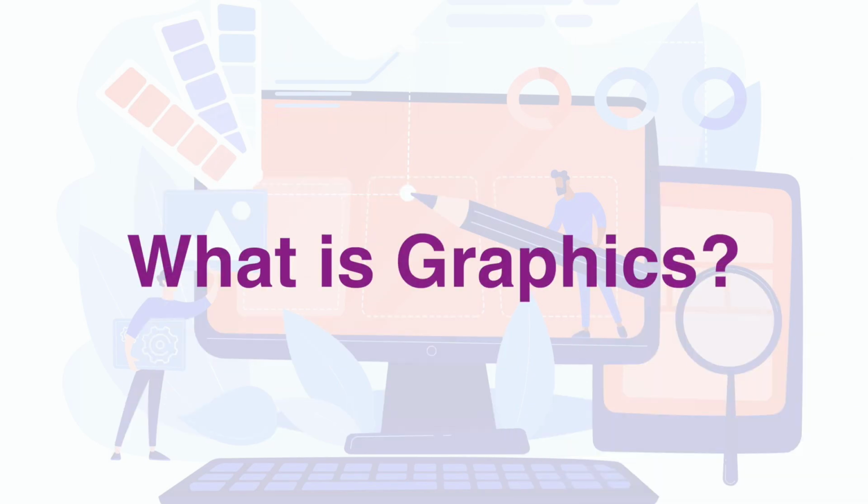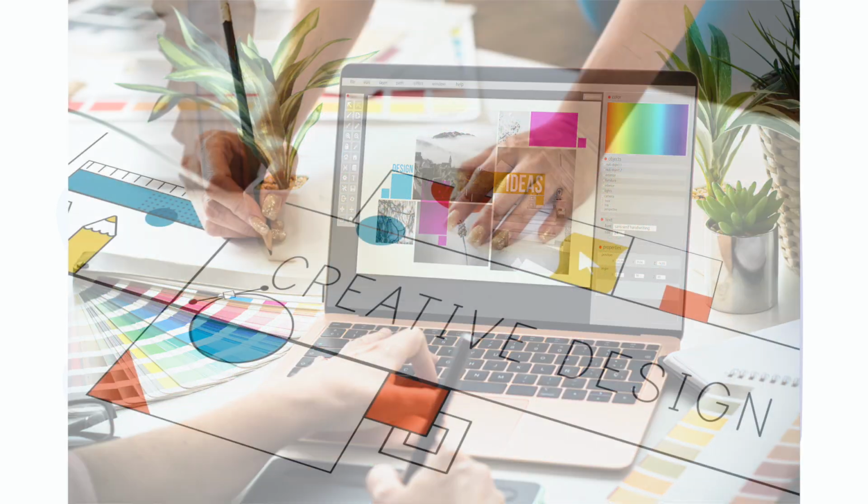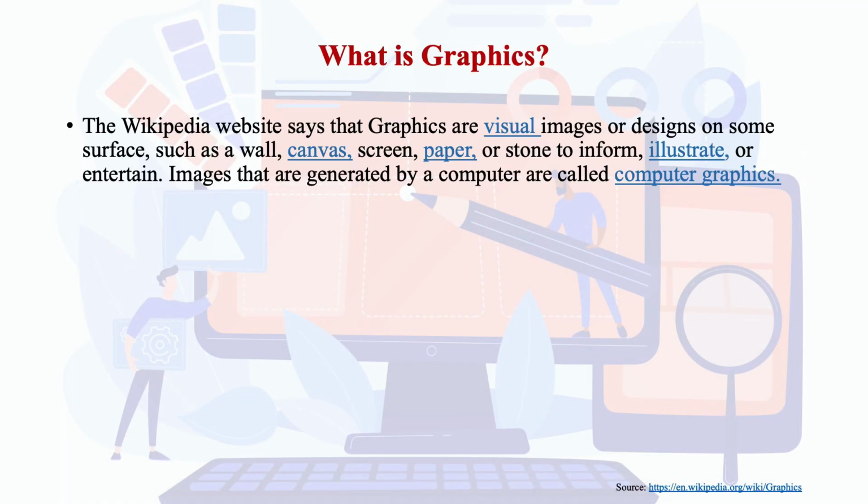What is graphics? The Wikipedia website says that graphics are visual images or designs on some surface such as a wall, canvas, screen, paper or stone to inform, illustrate or entertain. The images that are generated by a computer are called computer graphics.